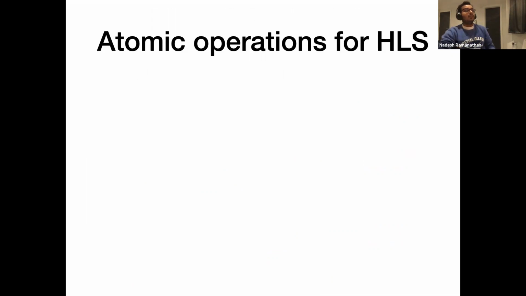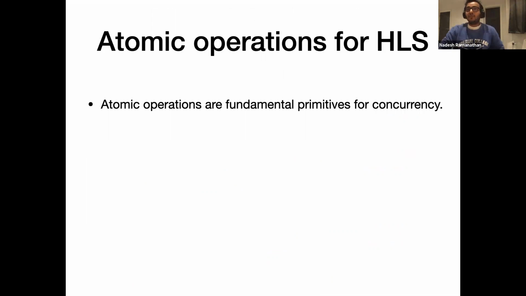So let's talk about lock freedom now. Atomic operations are memory operations that are the fundamental primitives of concurrency. Using atomics is how you build more complex data structures. Even locks can be built using atomic operations. So understanding and supporting atomic operations is very important, but HLS hardly does it.